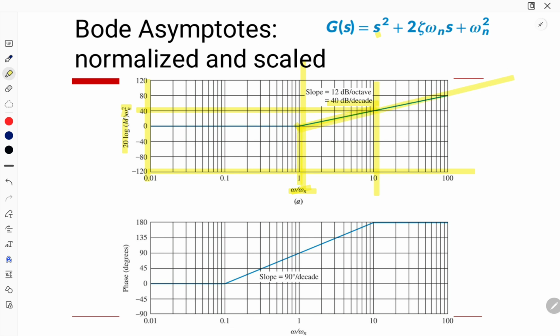Similarly, before it was 20 dB for the first order, so s plus omega type thing, or s plus a type. Now it's omega squared. Next one is the phase angle in degrees.